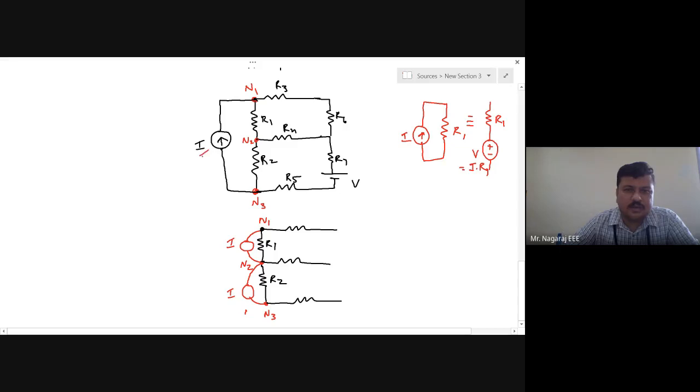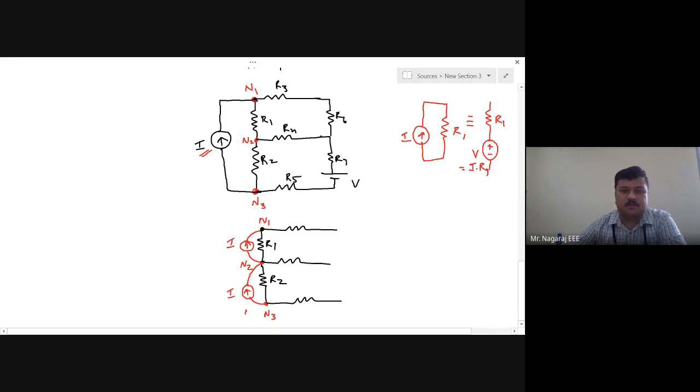This current I is entering the node N1, so this current I should enter the node N1. This current I is leaving the node N3, so this current I should leave the node N3. So direction is upward. Simple. If the direction is upward, the current source across the branches in parallel to the current source should be upward. If it is downward, it should be downward.